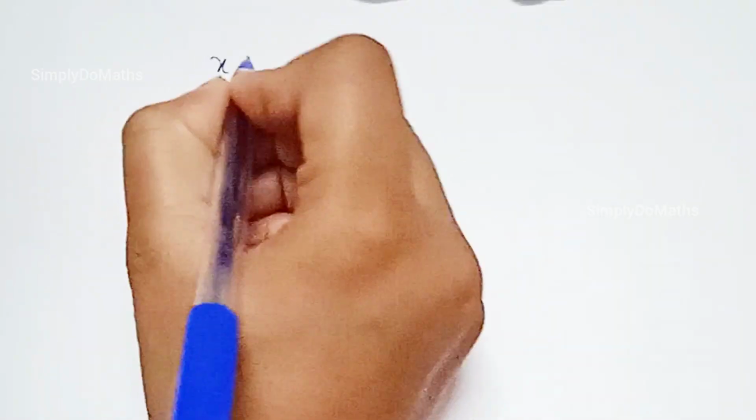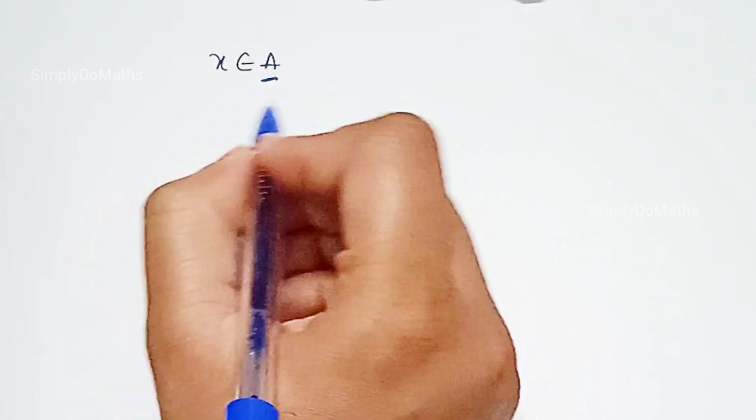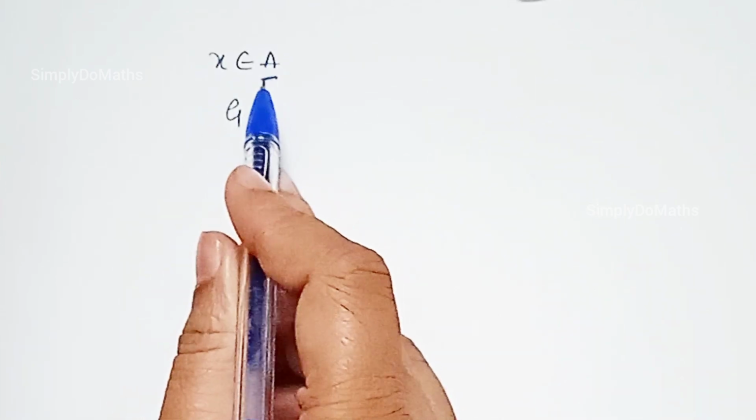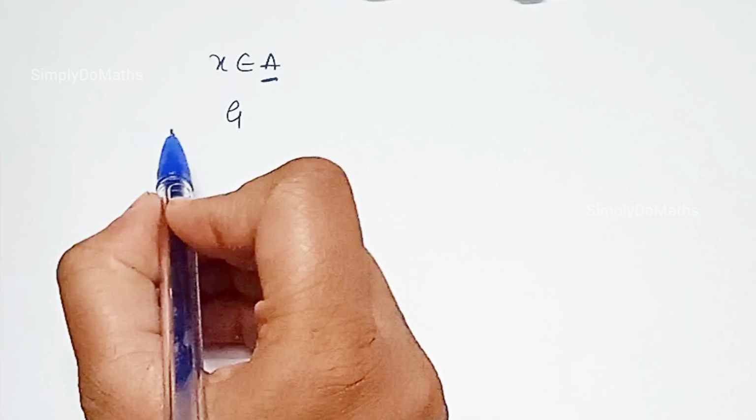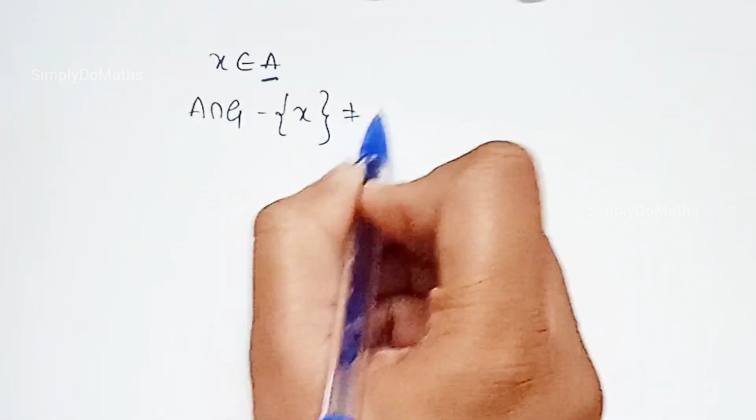Hello everyone. In our previous video we discussed limit points. For any element x belonging to a set X, a subset A of a topological space X, the point x is called a limit point of A if every open set G containing x contains a point of A other than x, that is, A intersection G minus the singleton set {x} is not equal to empty.